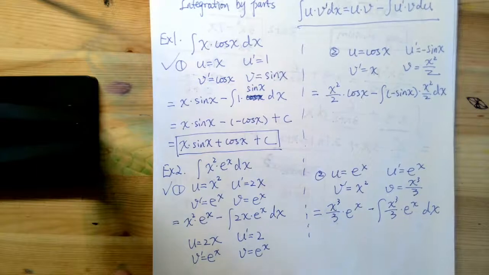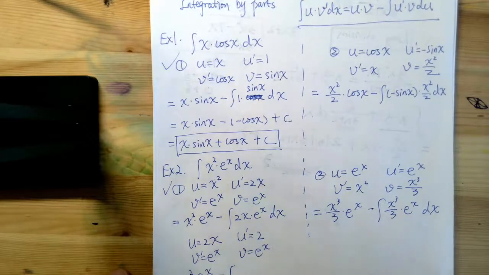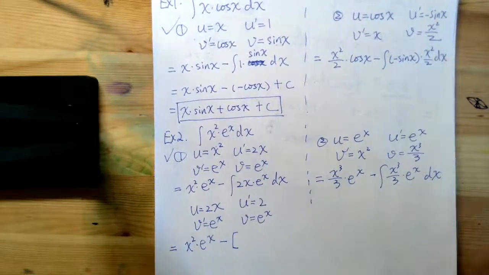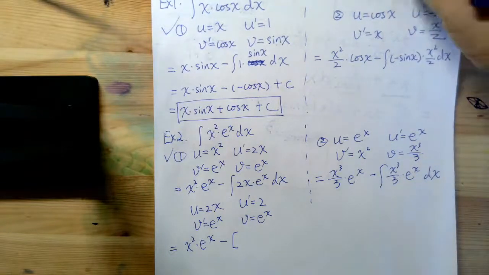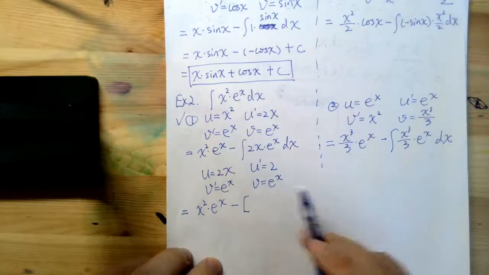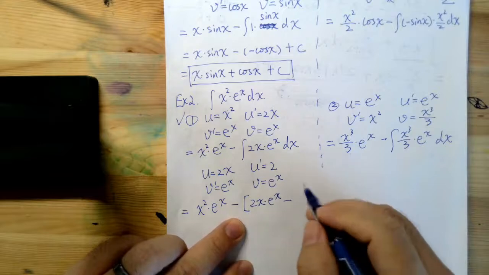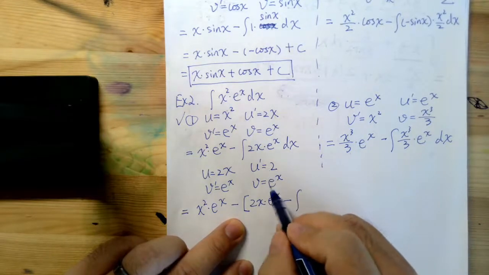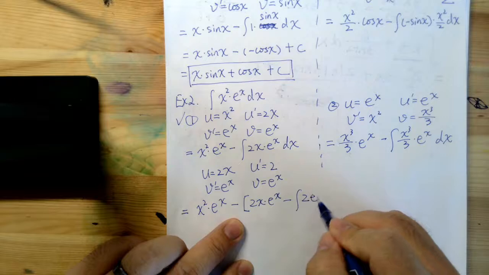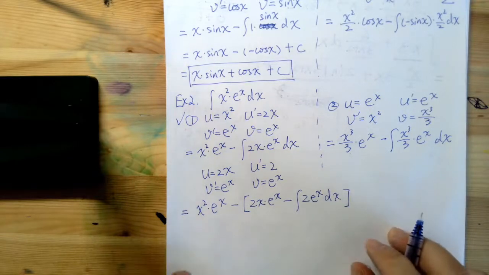So following that, we have x squared times e to the power of x minus, I'm going to use a bracket, because I use the integration by parts twice. And so u times v, which is 2x times e to the power of x, minus the integral of u prime times v, which is 2 e to the power of x dx here. Okay, so that is what I got.